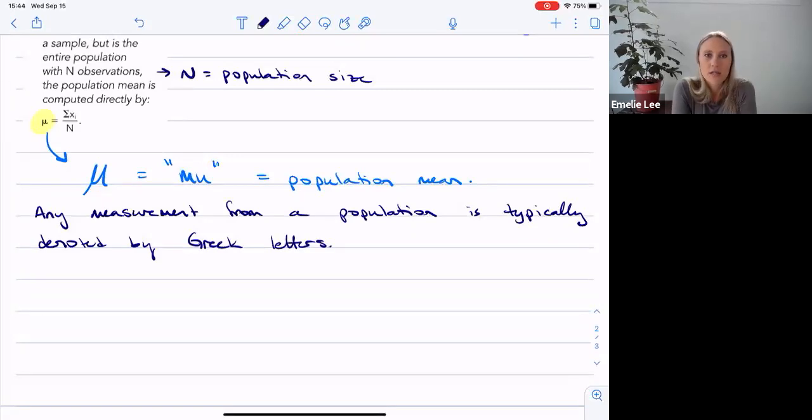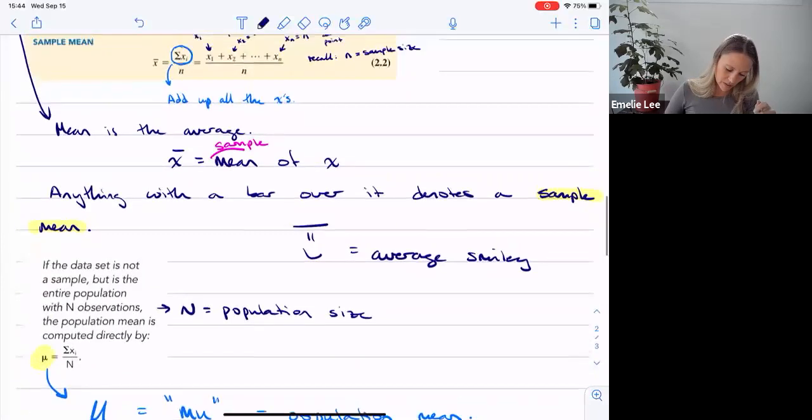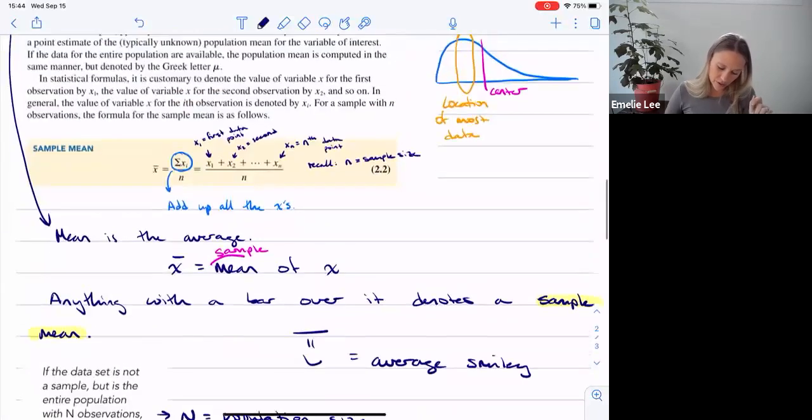Okay, so that's a good guide to keep these things straight, right? So these regular letters, that's from the sample. That's usually what we've calculated. So if you're calculating something, it's probably going to be X bar or S for the standard deviation or something like that. Okay, but it's good to keep those straight.